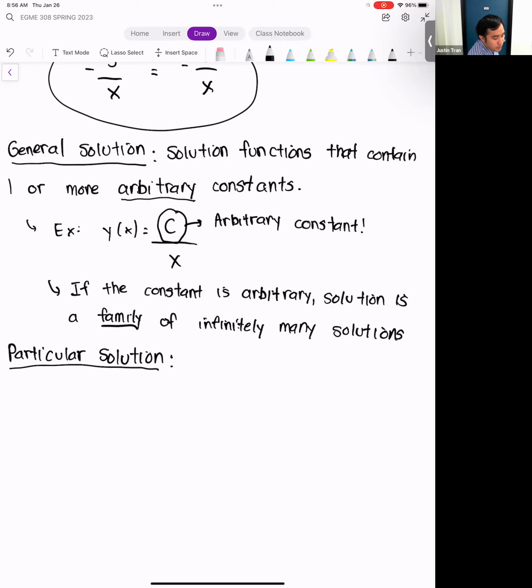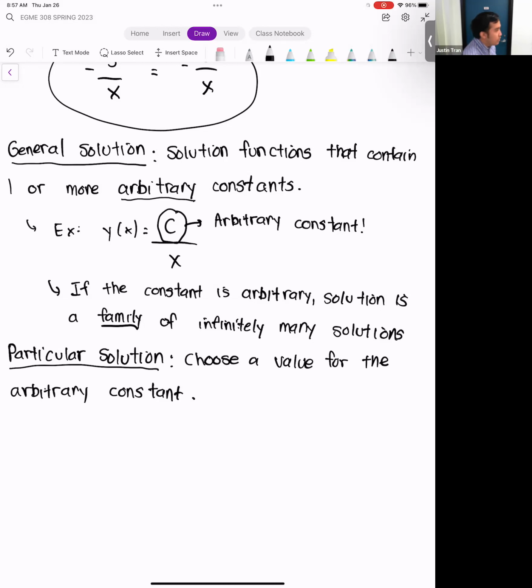When we talk about the particular solution, this is one in which we choose a value for the arbitrary constant, so that instead of a family of solutions, we are now honing in on just one solution that's going to work for this particular problem.